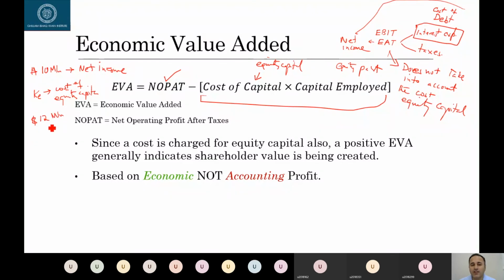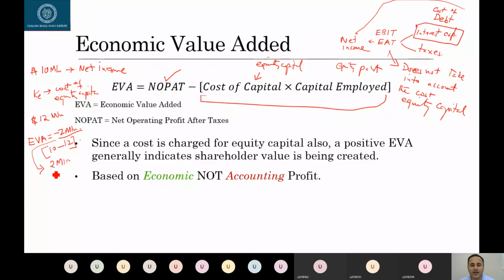So let's say the cost of capital of that particular company is $12 million. It means that the economic value added is equal to minus $2 million. How did I do that? 10 minus 12. Now what does this mean? It means that the company actually lost $2 million.